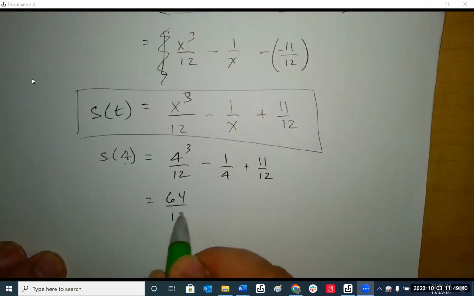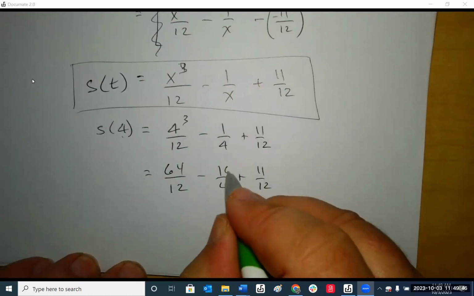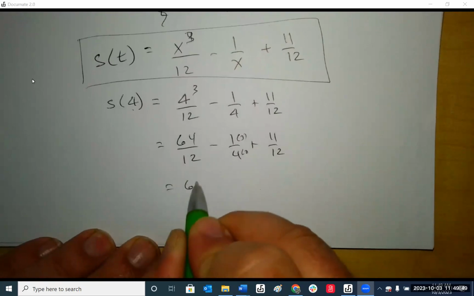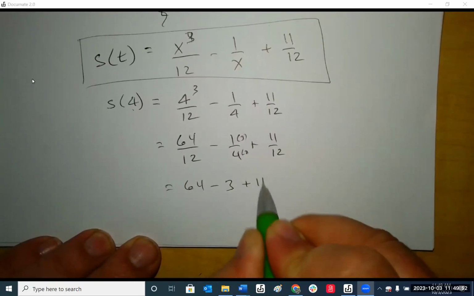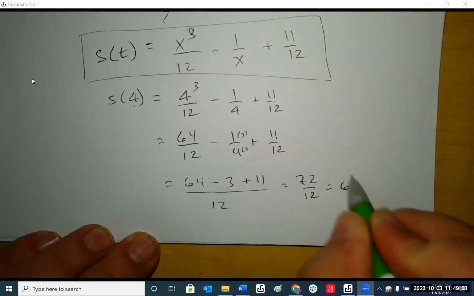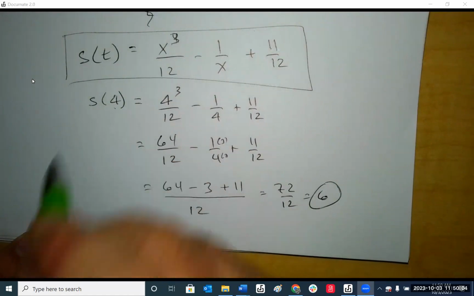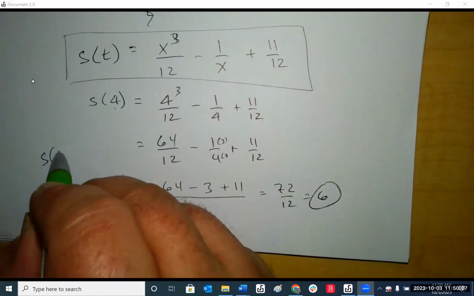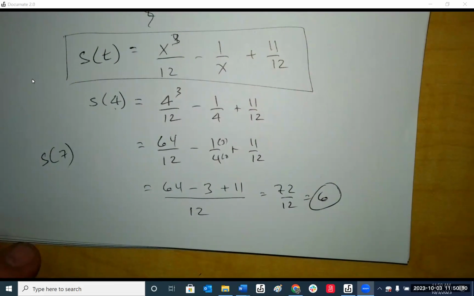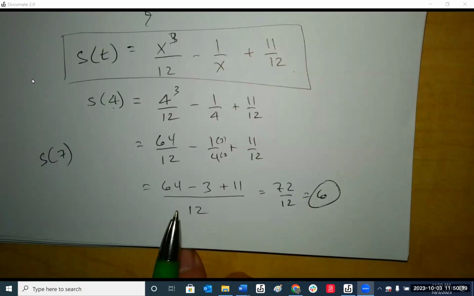We have 64 over 12, with a common denominator: 64 minus 3 plus 11, which is the same answer we got earlier. But the beauty is we're not limited. We can say, I want to know what it is when it's 7. It gives us a general formula for any value x we want to put in there. It just finally hit me the importance of that last formula.